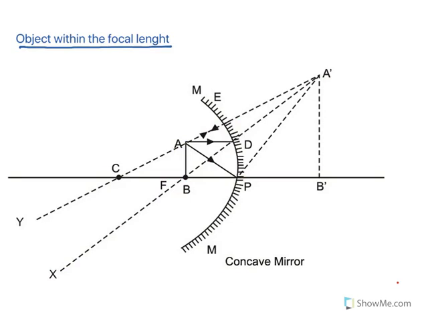Let me go over it again. So first you keep the object within the focal length. What you mean by within the focal length? Here's the focus, here's the pole, and within this focal length you have to keep your object. So we have now in this case kept our object at, this is our object A. From there we draw three rays.